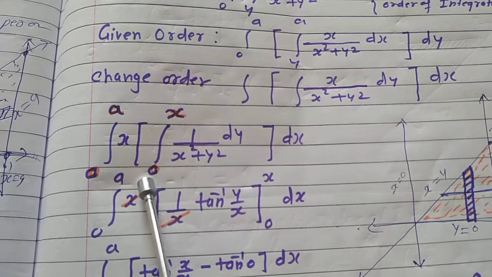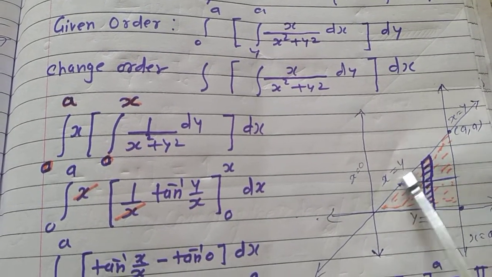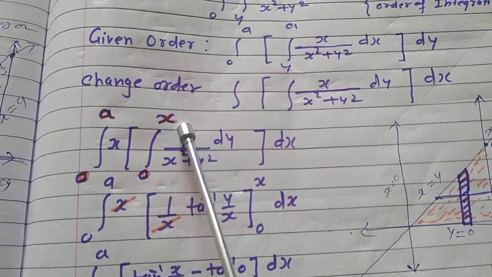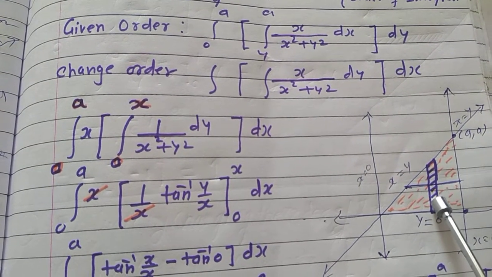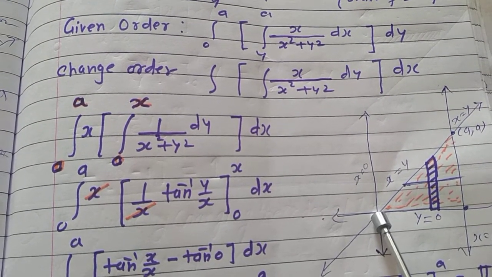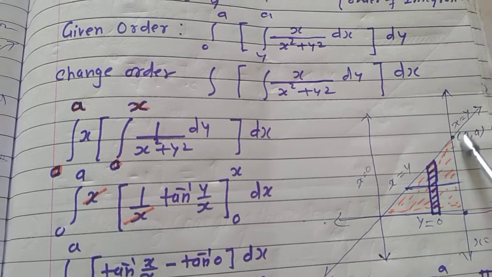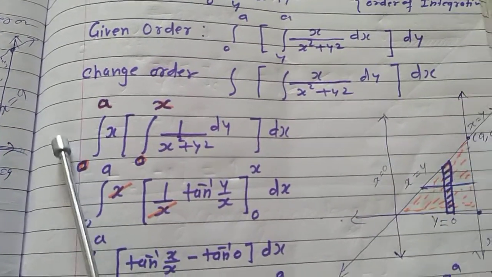What is the upper limit? This line is x is equal to y, so y is equal to x. Then this strip comes to the left-hand side and becomes a point. Here the value of x is 0, and here the value of x is a. That's why the outer limits are 0 to a.